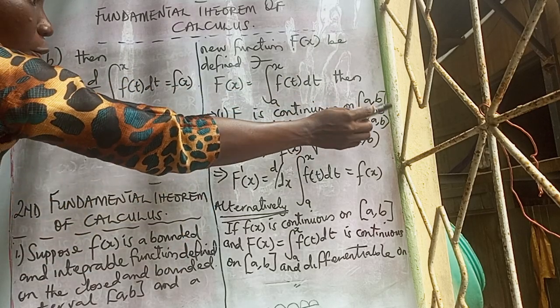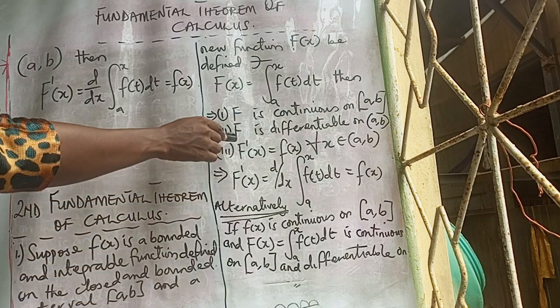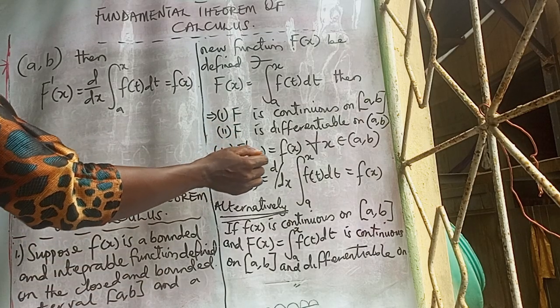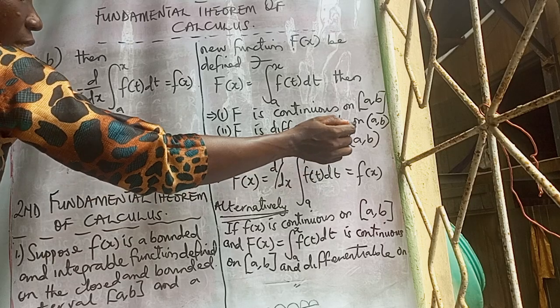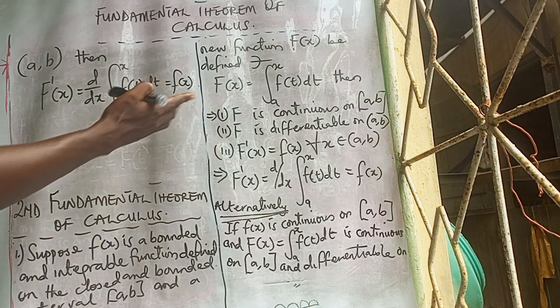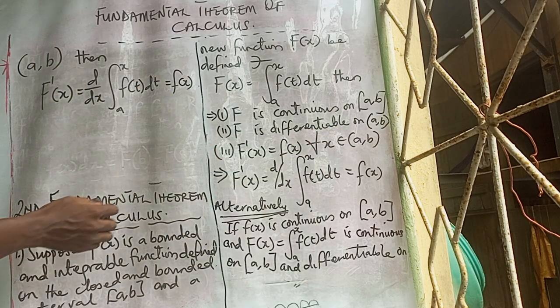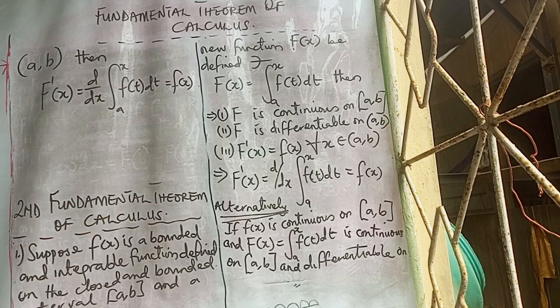capital F of x is differentiable on open interval AB, and the differential of capital F of x is equal to f of x for all x elements of AB. That's the first form in which you can state the second fundamental theorem of calculus.